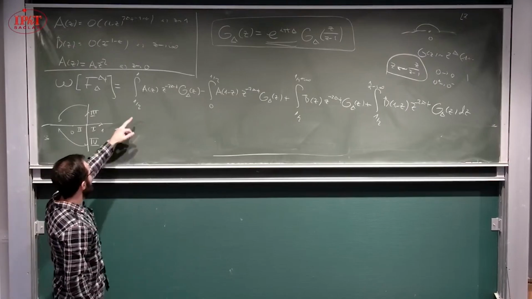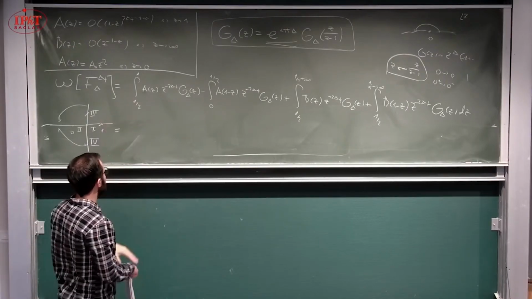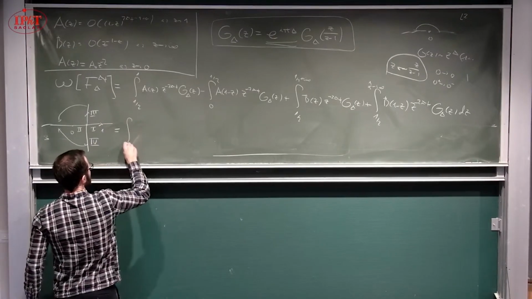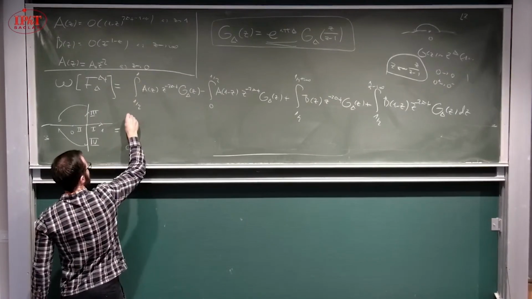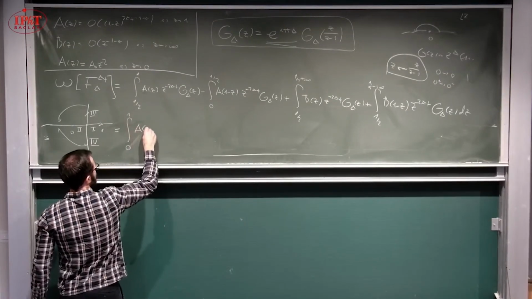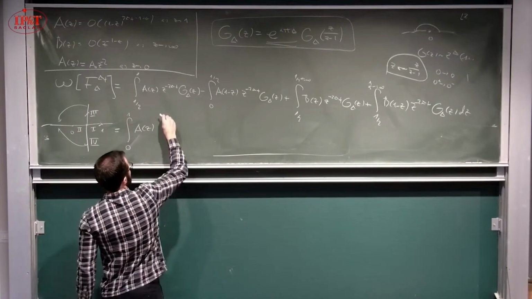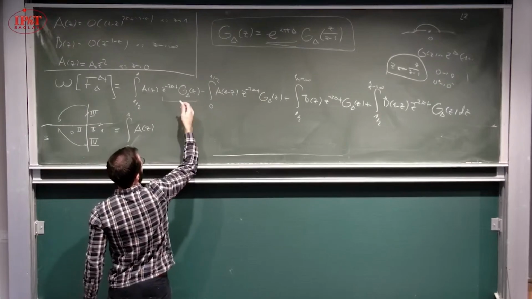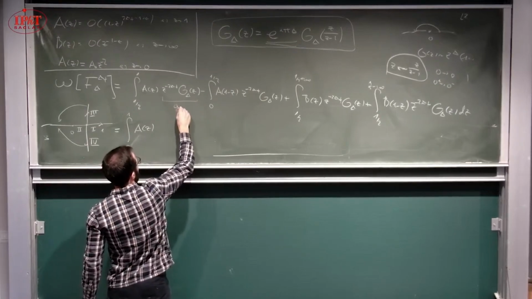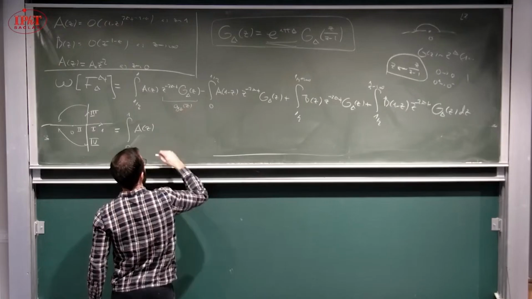Let's first extend this integral all the way to 0. Let me call this thing little g of delta, but I don't have to keep writing it.